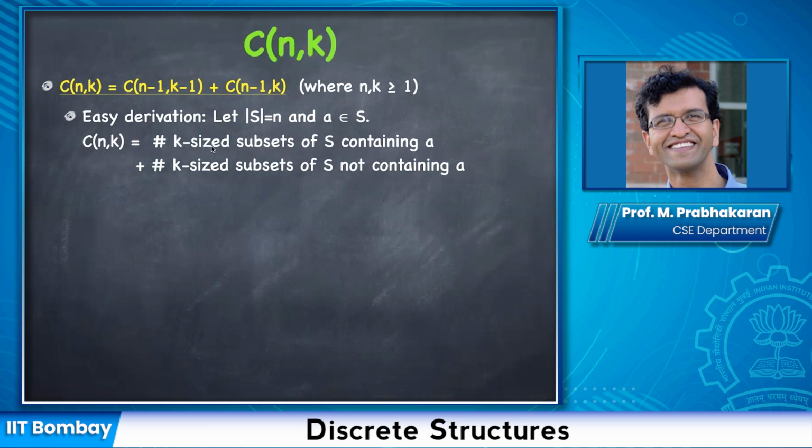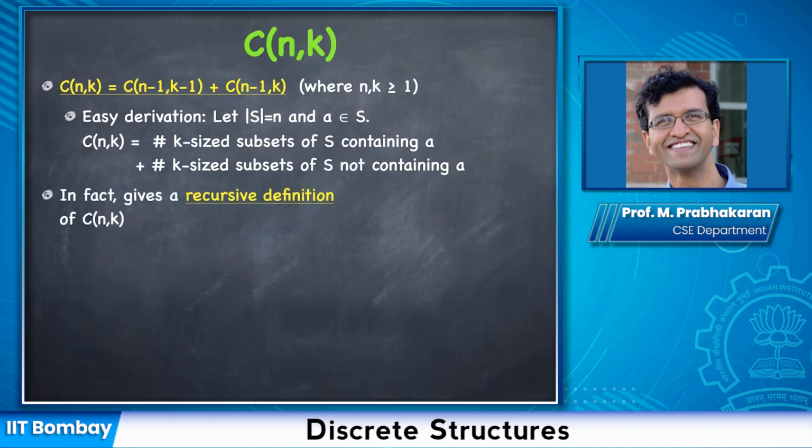Well, they need to have a, and then they need to have k minus 1 more elements chosen from the remaining n minus 1 elements. So there are C(n-1, k-1) ways of doing that. And how many do not include a? So you need to choose all k elements from n minus 1 elements excluding a, so that is this number. Okay, so that's an intuitive way to quickly see that this identity holds.